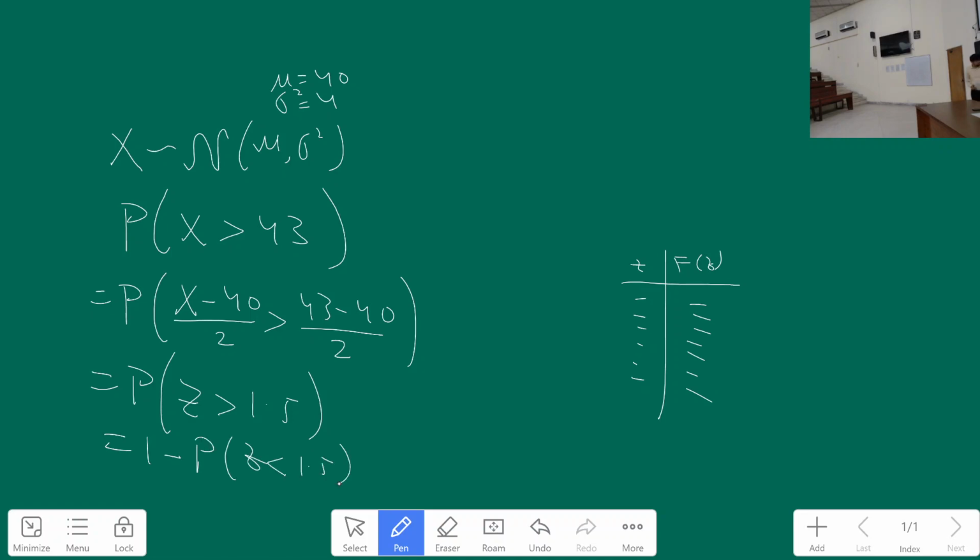Those of you who did not understand this, simply know this: the probability Z is greater than 1.5 plus the probability Z is less than 1.5 equals 1. You can have less or equal, it doesn't matter, because for the continuous case, the probability at any single point is 0. We discussed that. So now you can use the table, find 1.5, find Fz, put that here, and you have 1 minus that. That is your answer.